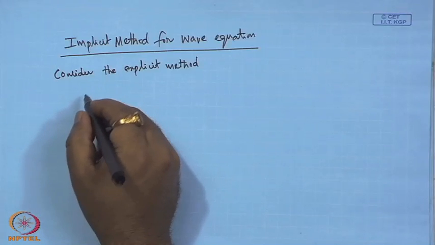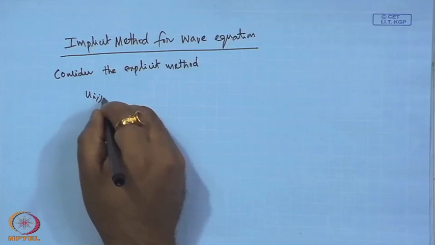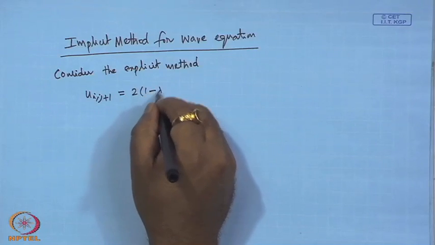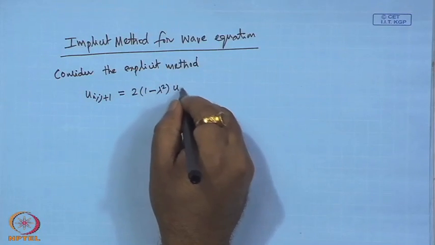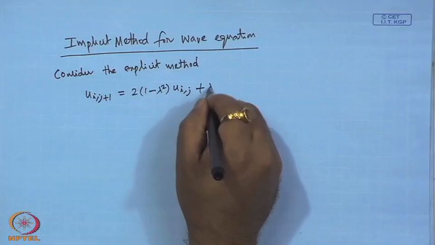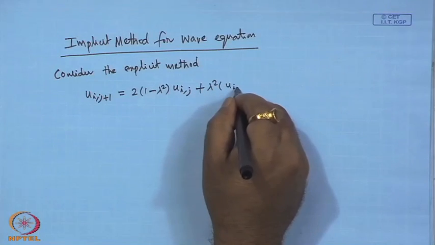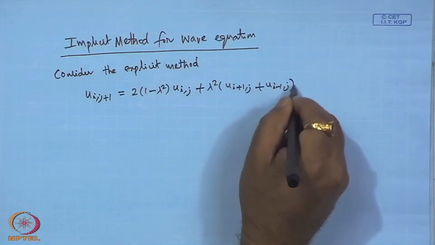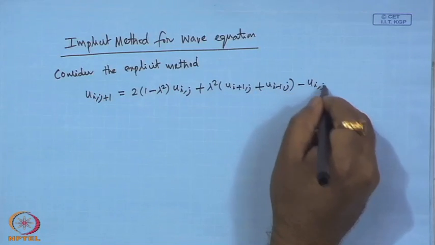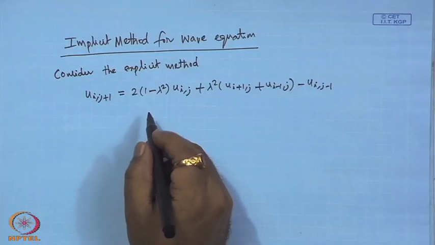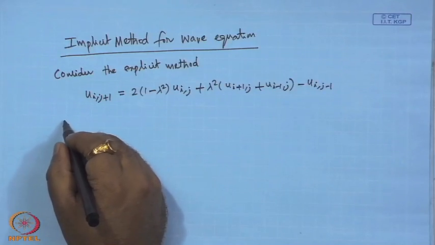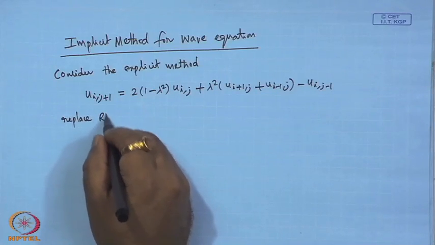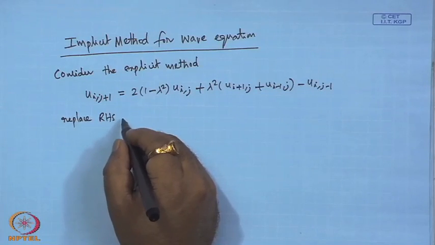Consider the explicit method given by, so this is the explicit method. Then replace RHS.